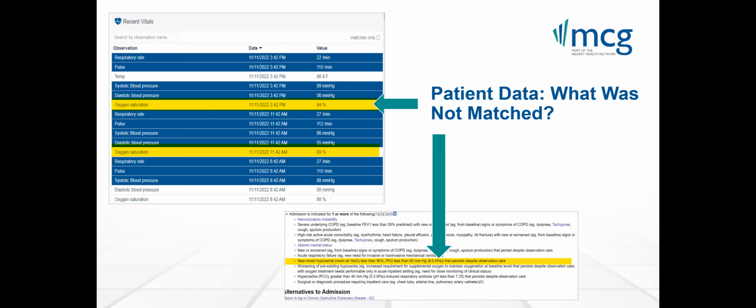The clinical data for this patient shows improving oxygenation. So while they might have come into the hospital with concerning readings, they don't meet the intent of the criteria for this particular piece of criteria, which is to distinguish patients whose oxygen level can be managed from those who are going to require more intensive intervention.